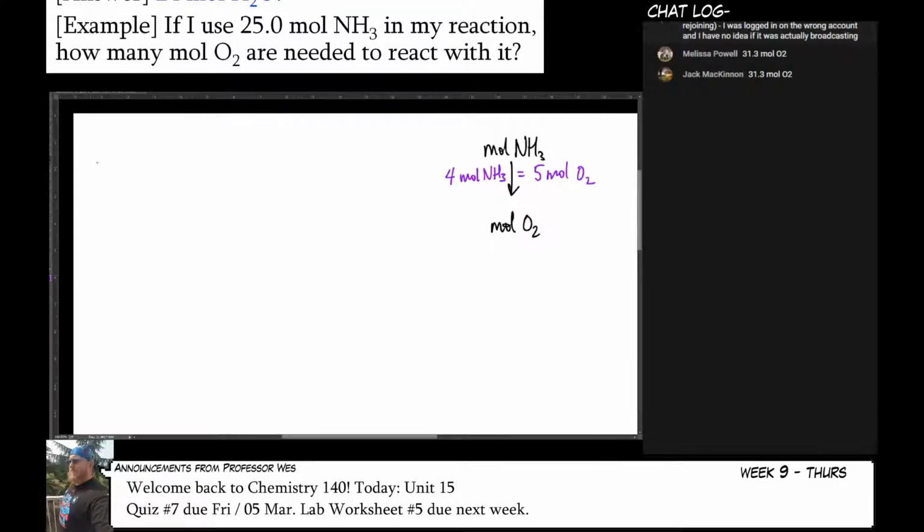All right, and we have 25.0 moles of NH3. So I'll set up my units so that the moles of NH3 cancel out, leaving me with just moles of O2.